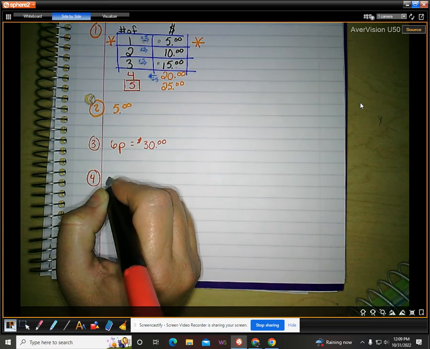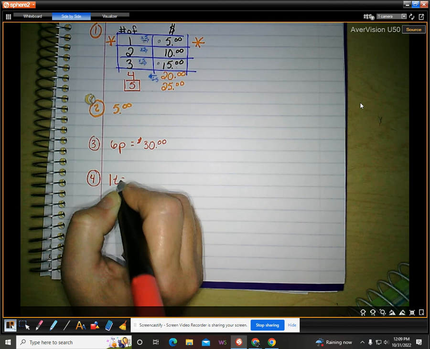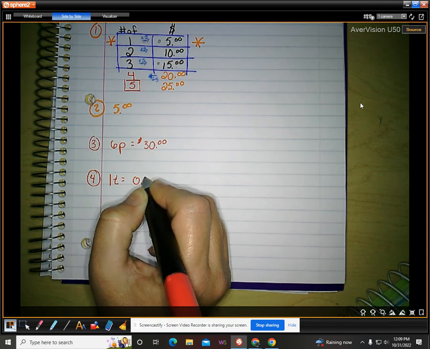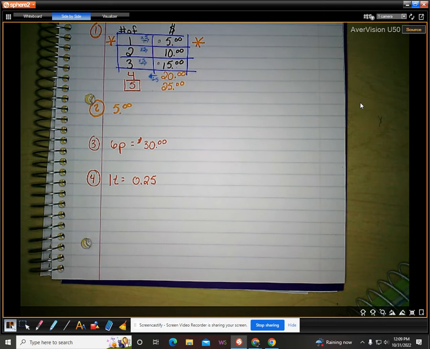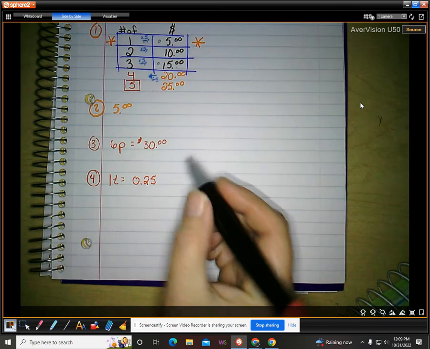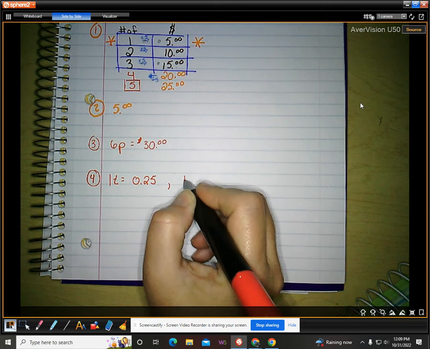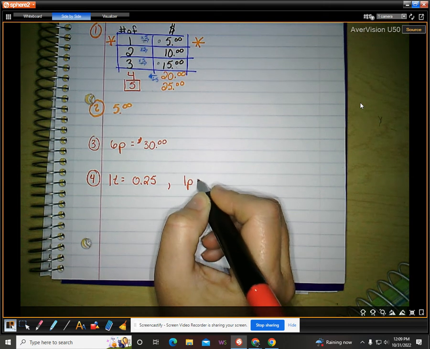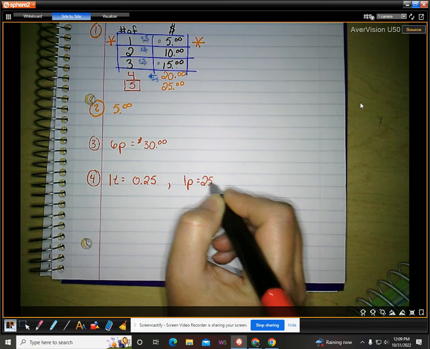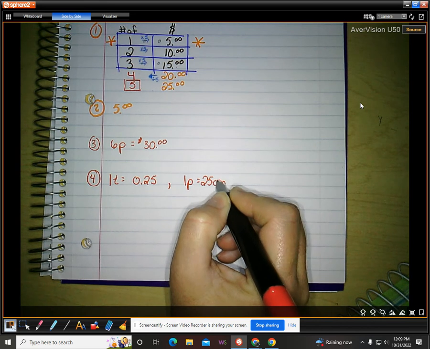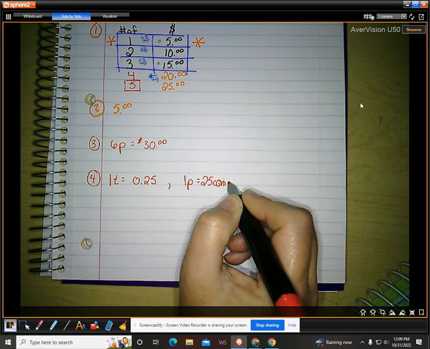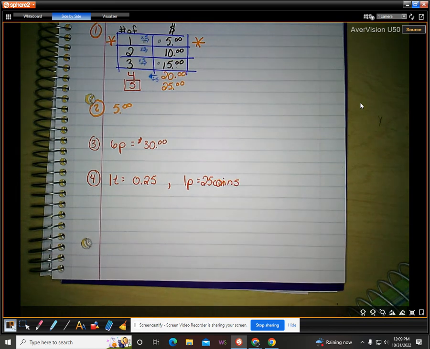Okay, Juliana told us we need to know that one token is 25 cents. And I would just write that on the line. Then Dominic let us know that we probably need to know that one package has 25 coins in it. Whoops, I can't spell and talk. Sorry, that's C-O-I-N-S, even though it doesn't look like it.